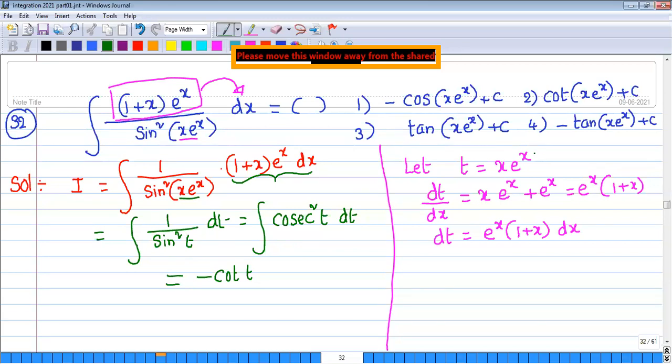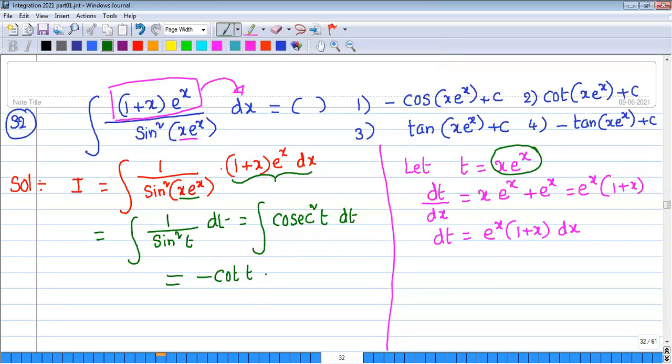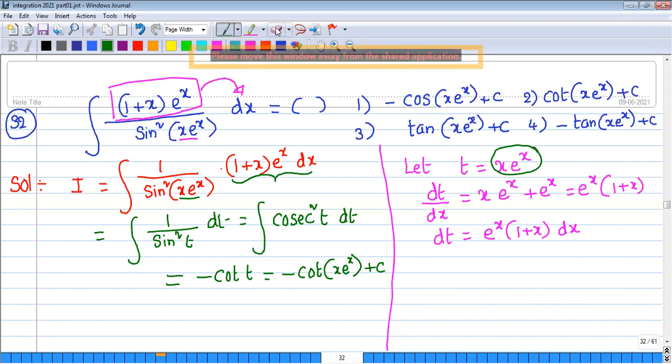But t is our substitution, that is x e power x. So minus cot of x e power x plus constant of integration. This is minus cot. First option is the right option.